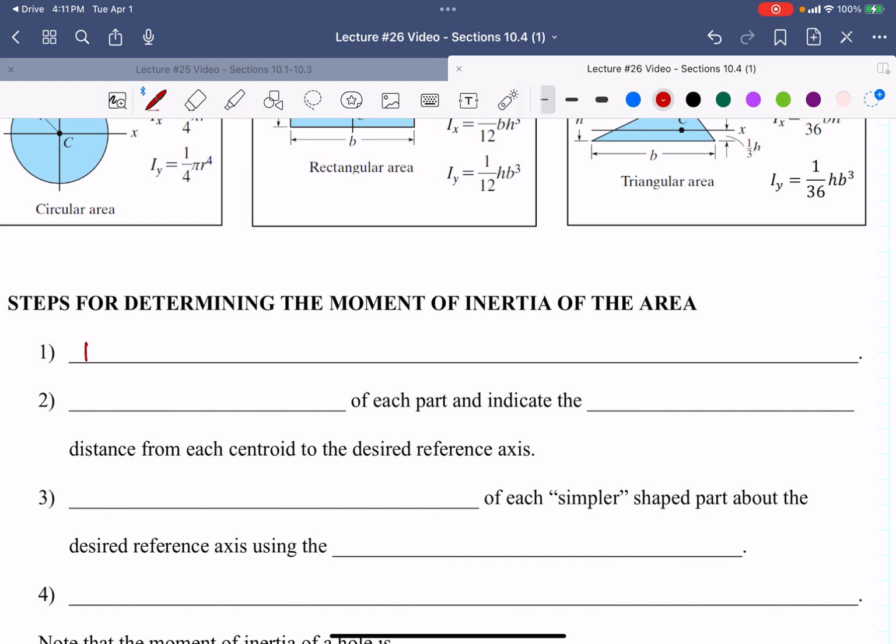So, steps for determining the moment of inertia of the area for a composite area. First, divide the area into its simpler shaped parts.